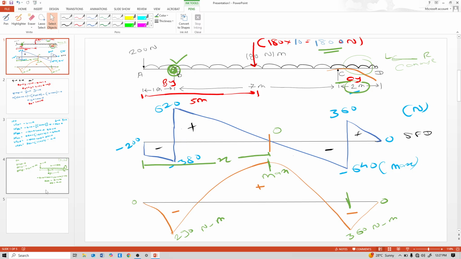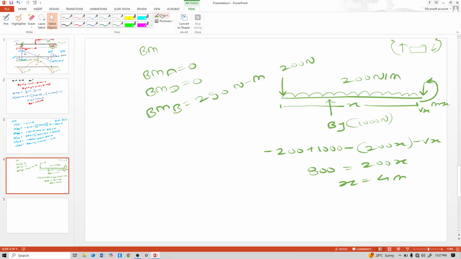So calculate bending moment at 4 meter. Minus Mx. Calculate bending moment here.